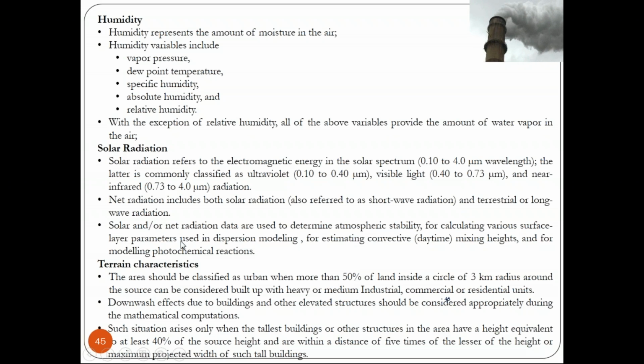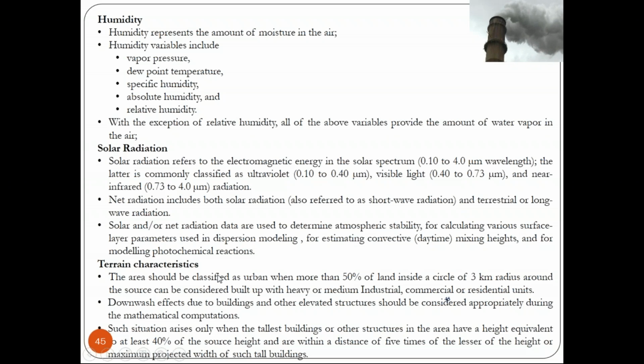And net radiation includes both solar radiation and terrestrial or long wave radiation. This solar radiation data is used to determine atmospheric stability, like in the case of Pasquill's classes, and also for calculating various surface layer parameters for dispersion modeling, and daytime or nighttime mixing height, etc. And also for photochemical reactions, so this solar radiation is used.